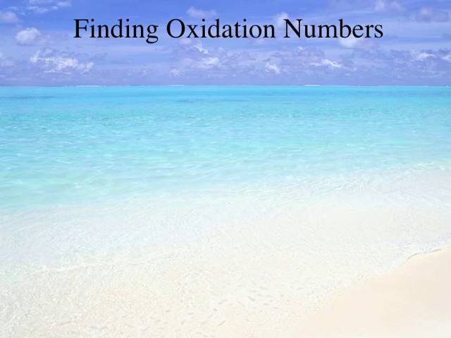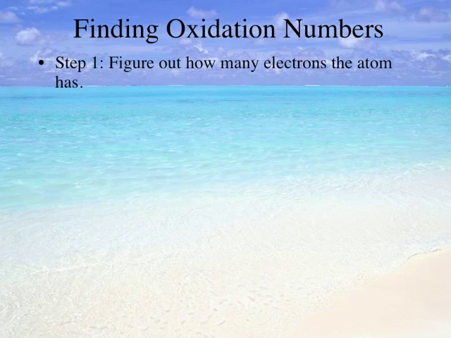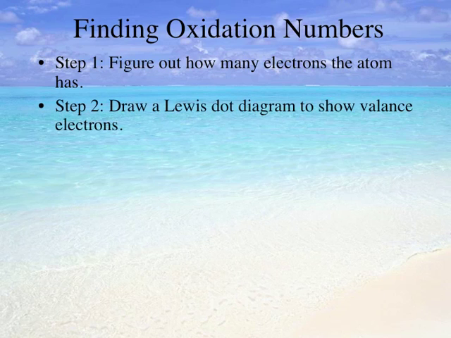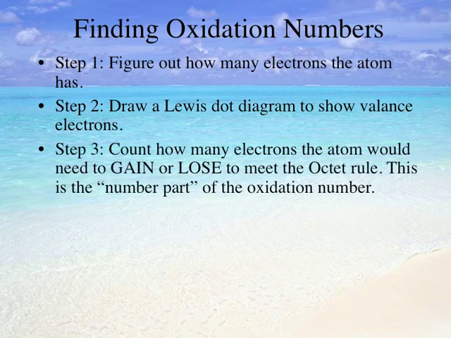Okay, so how do we find oxidation numbers? Step 1, we have to start with the atom and figure out how many electrons it has to begin with. Step 2 is we're going to draw a Lewis dot diagram that shows the valence electrons only. Step 3 is we're going to count how many electrons the atom would need to gain or lose to meet that octet rule.